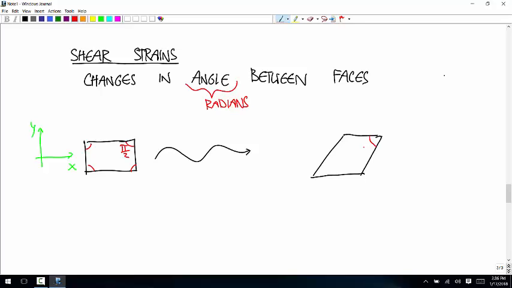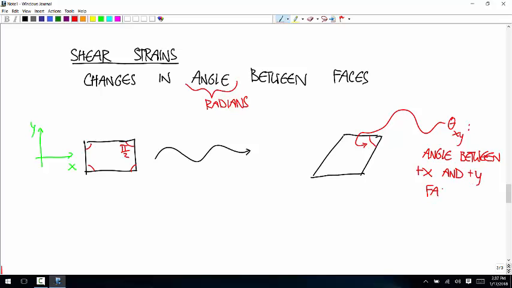This angle is going to be called theta xy, and that is the angle between the positive x and positive y faces.